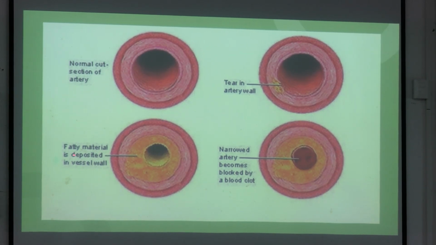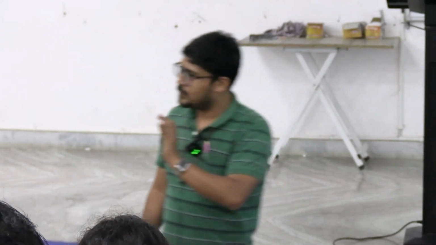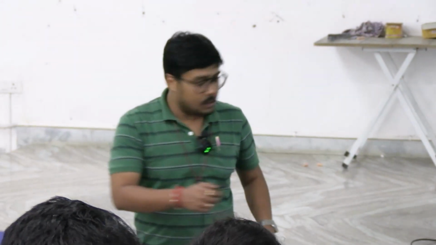Ultimately these fatty materials or cholesterol esters are taken up by the foamy histiocytes, or macrophages, and they tend to accumulate and form a tough plaque within the intimal layer. As a result, the lumen of the artery will be narrowed down.